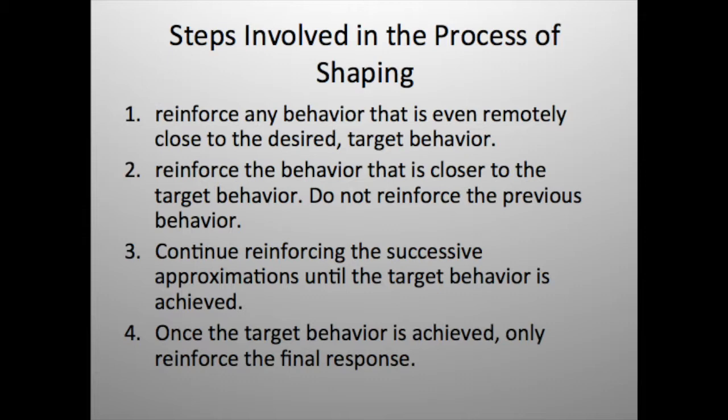And once this target behavior is achieved, only reinforce the final response. According to Skinner, most animal and human behavior, including human language, can be explained as a product of this type of shaping.